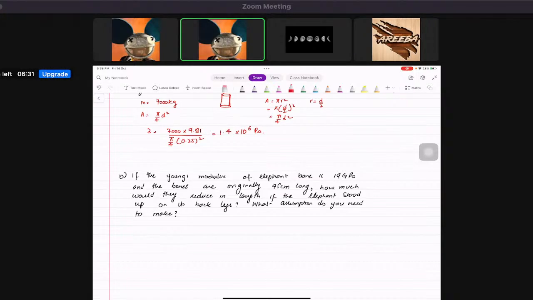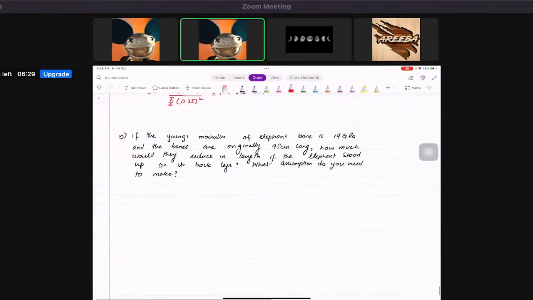Okay, let's try this then. That's in meters, you say? Yeah. Okay, let's see. So, Young's modulus is given by stress over strain. The stress we already found.